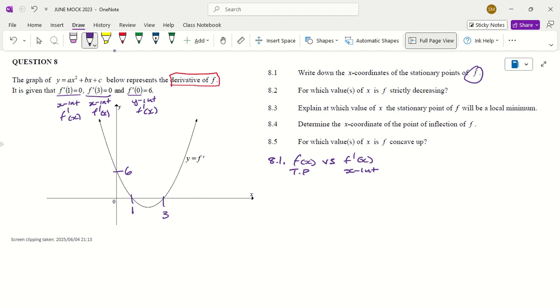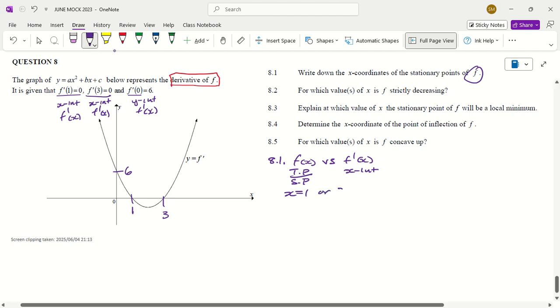So if we want the stationary points or turning points, and we have the x-intercept of the derivative, that gives us the stationary points of f of x. So the x-intercepts of the derivative are 1 and 3. So the answer is x is equal to 1 and x is equal to 3.